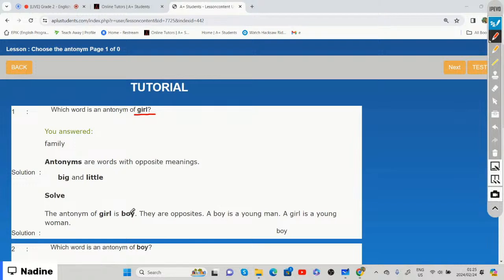The opposite of the word girl is boy. So if it's not a girl, then it is a boy. So well done.